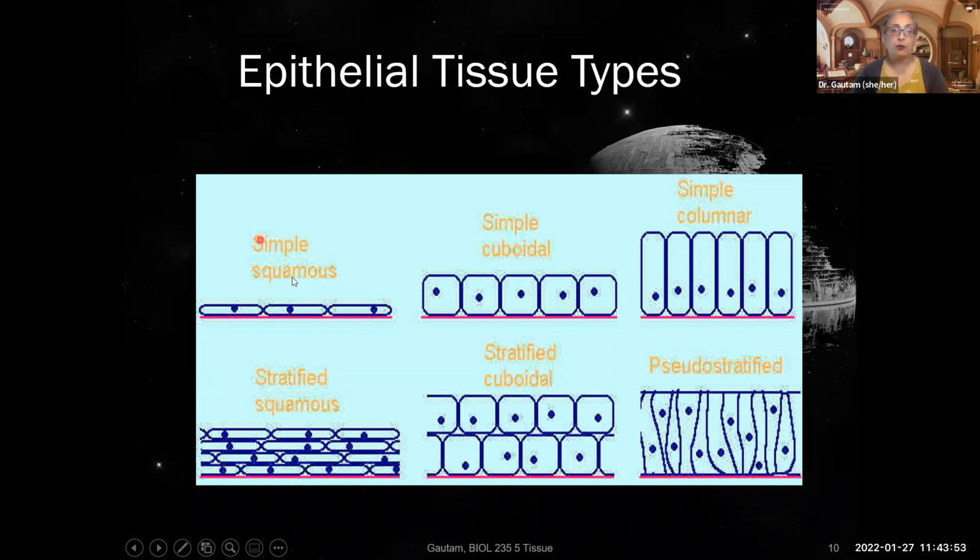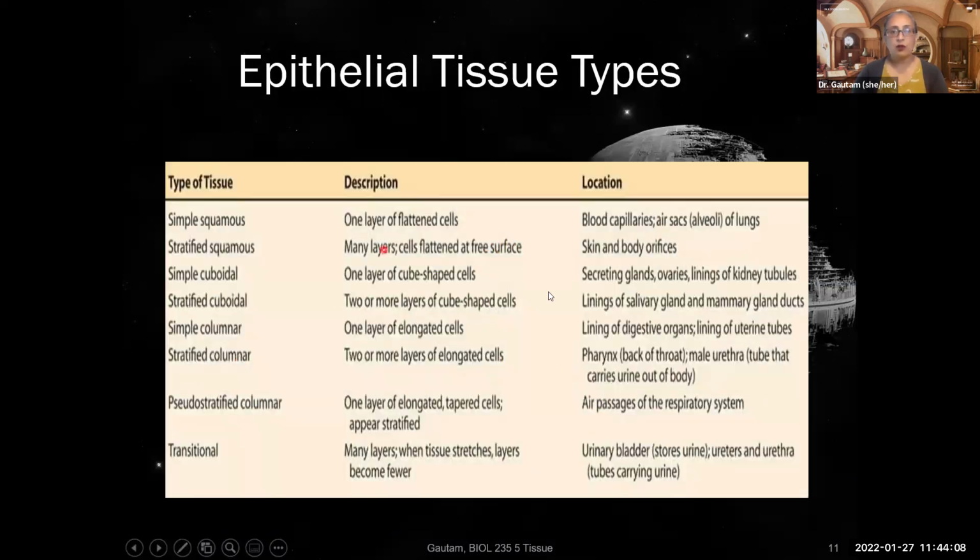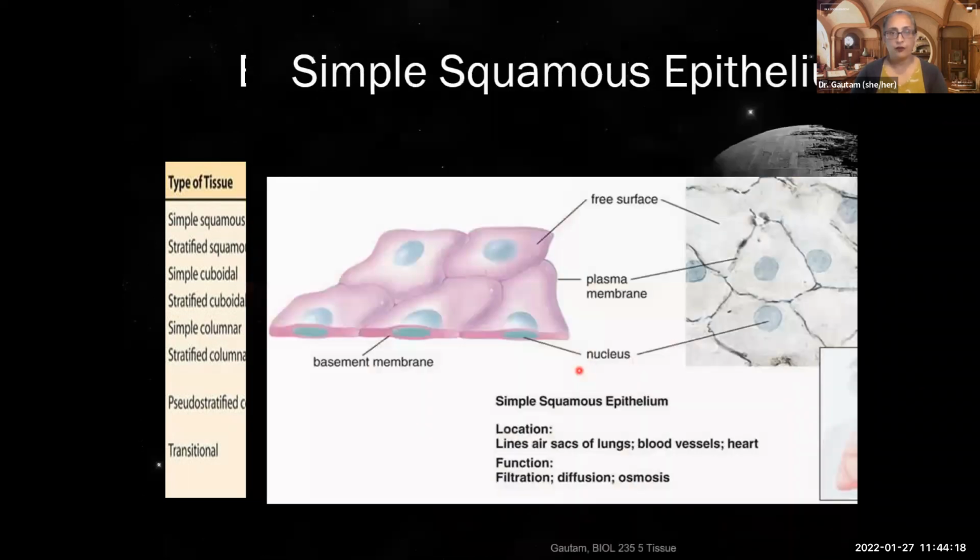So you can have simple squamous or stratified squamous, simple cuboidal, stratified cuboidal, simple columnar. You can have stratified columnar, but not as common. And then, of course, our pseudostratified. This is a great slide, or a great table to study off of, because it gives you a good snapshot of everything for each of these different types of epithelial tissues.